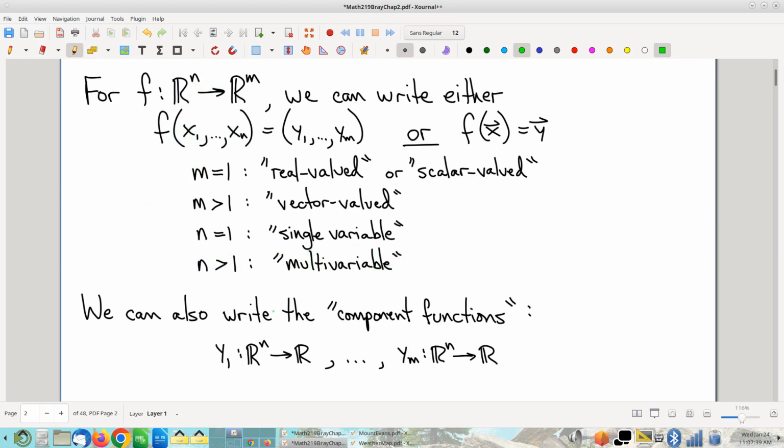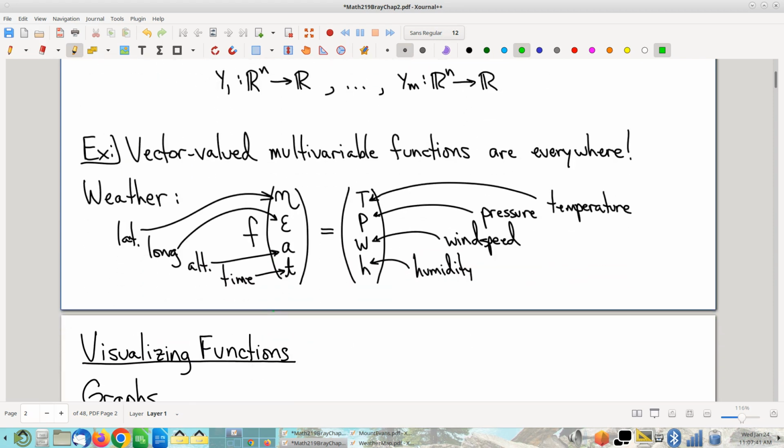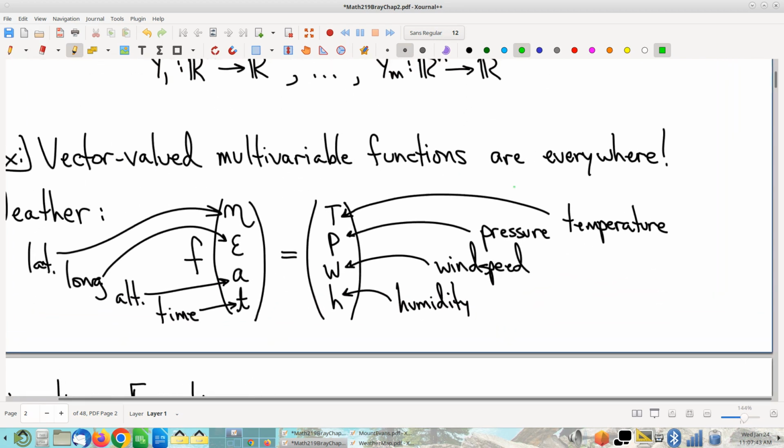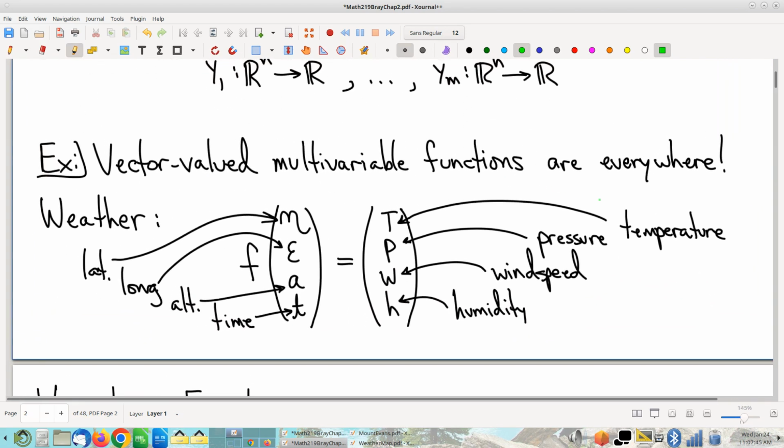A quick observation: a lot of people think multivariable functions are abstract inventions of mathematicians that don't come up in the real world. The real world, after all, you look around and you see real numbers, right? But I claim you're seeing ordered combinations of real numbers, x, y, and z, for example.